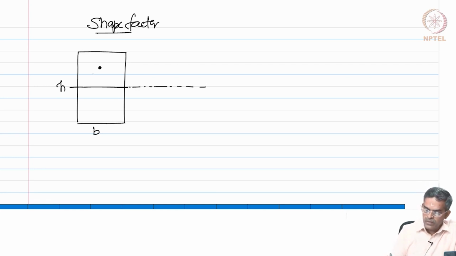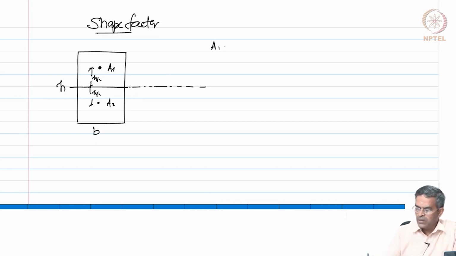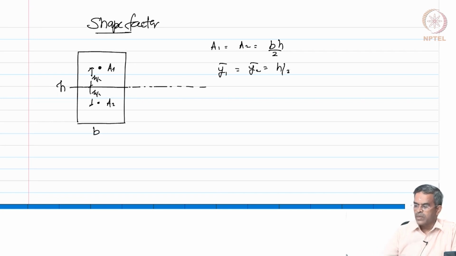So, this is top area, bottom area. We call this as A1, this as A2, and this as H by 2. This is also H by 2, is it not? So, we know A1 is equal to A2 is B H by 2. We also know y bar 1 is y bar 2, which is H by 4. This is H by 4 friends.